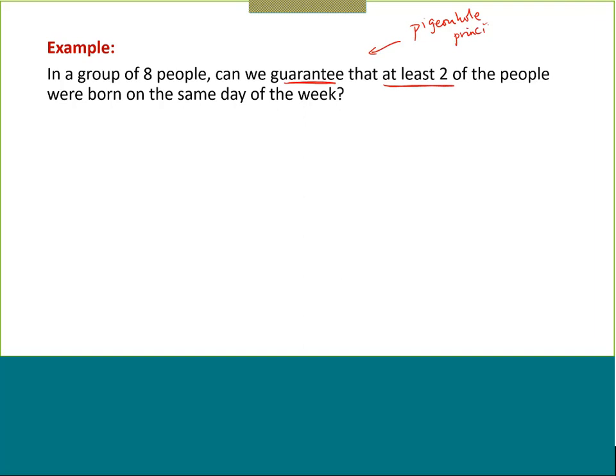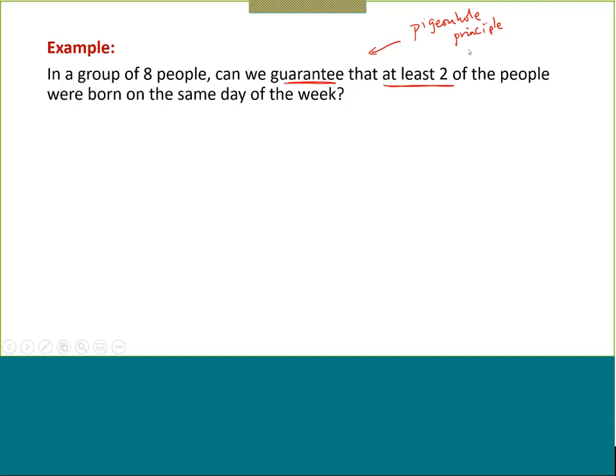Now, is this the only way to do it? In this particular question, yeah, this is probably the only way to actually answer this question. In other situations, are there other ways to answer them? Possibly, sometimes, definitely yes, but this guarantee and the not being really specific of knowing which two people were born on the same day of the week, that's the pigeonhole principle.